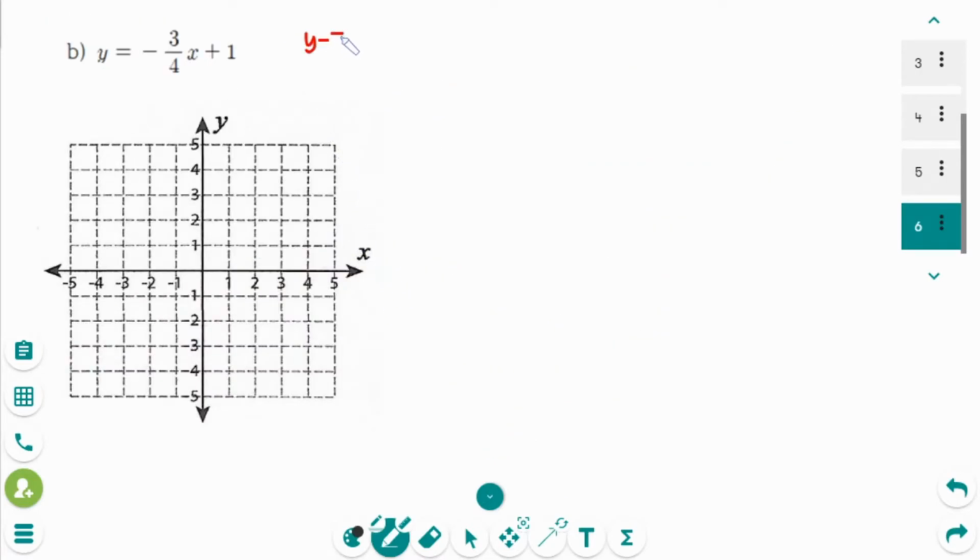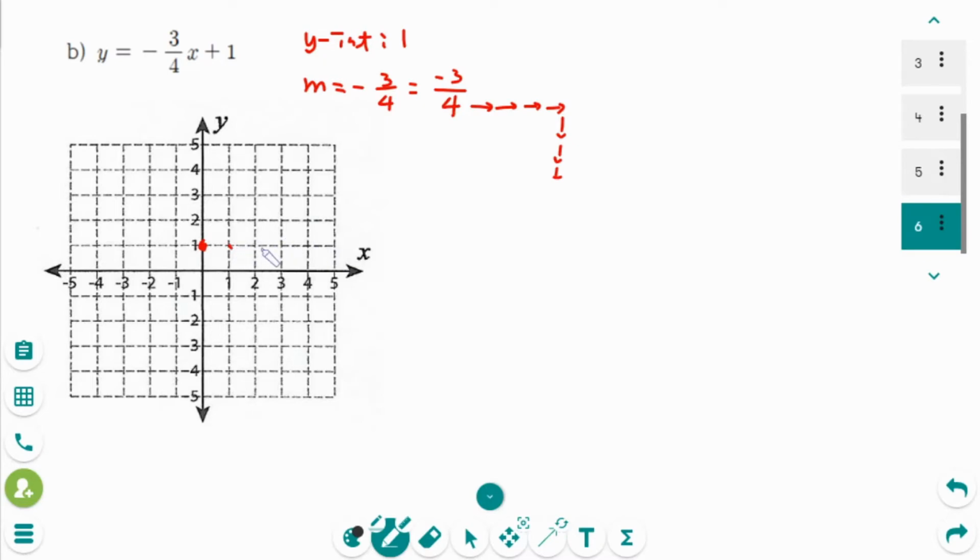The y-intercept is 1 and then slope is minus 3 over 4. We can rewrite as minus 3 over 4. So plot the point 0, 1 here and 4 to the right, 1, 2, 3, 4, and 3 down, like this.